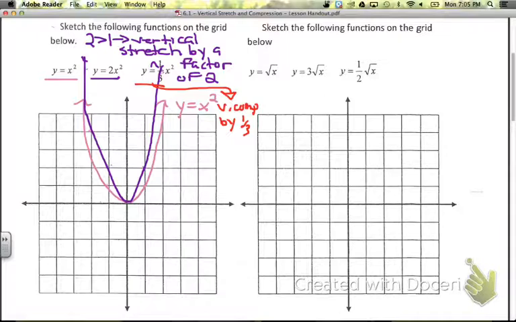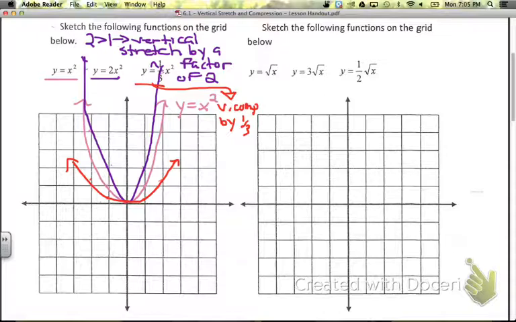So our origin's still going to stay the same at (0, 0), but now our point from being at (1, 1) is now going to be at (1, 1/3). And our point that is at (2, 4), the 4 is going to be multiplied by a third, which is actually going to be 4/3. Similar on the other side here, and we can connect these. So you see that we have a vertical compression here where it's going to look short and fat.